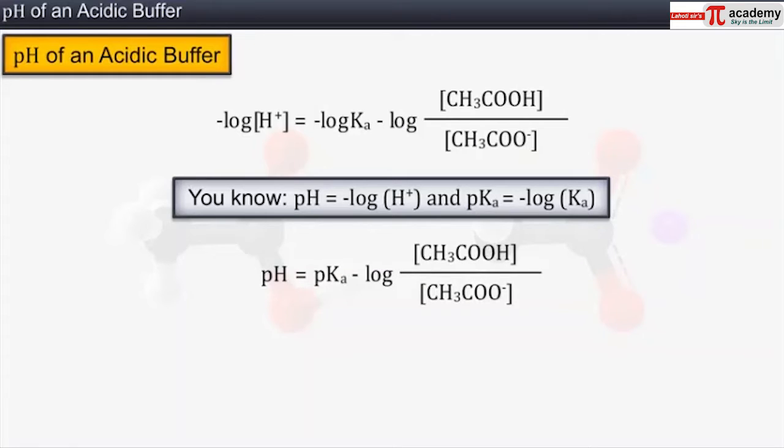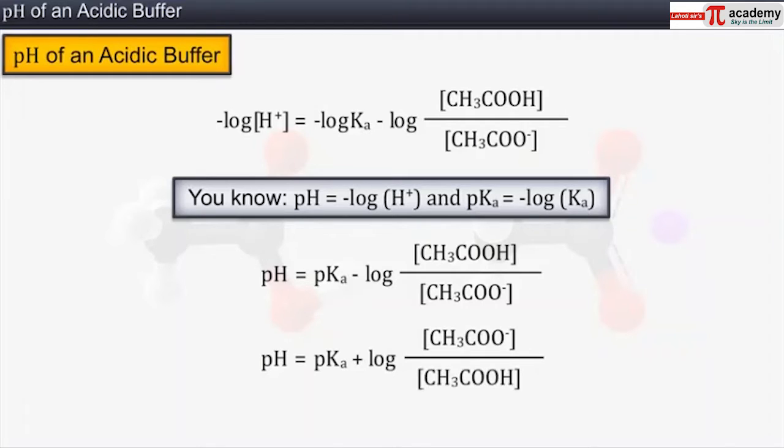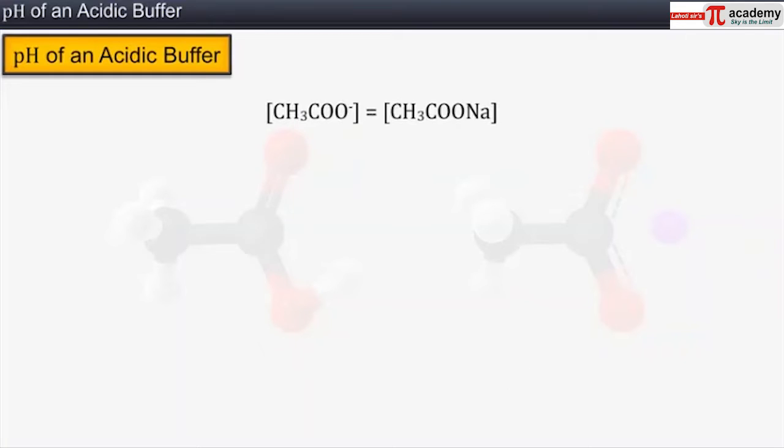We can also write this equation as pH is equal to pKa plus log of concentration of acetate ions divided by concentration of acetic acid. Here, the concentration of acetate ion is almost equal to the concentration of sodium acetate, as sodium acetate ionizes completely to form acetate ion and sodium ion.